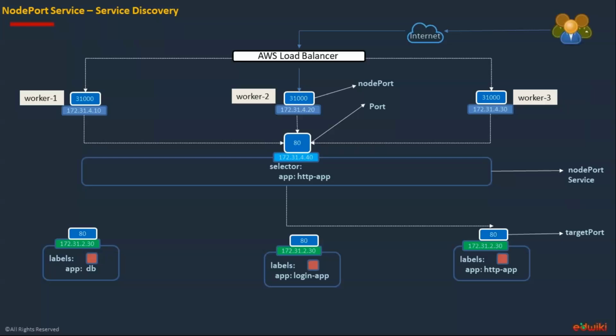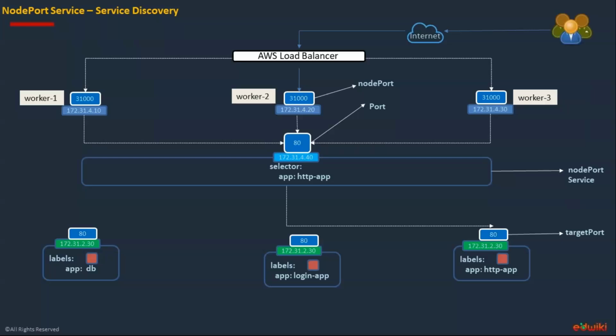I'm not really worrying about the worker nodes at this time. No matter which worker node my pod is running on, it should be accessible. That's how your service takes the responsibility to identify the pod using the label and route the traffic to that pod, no matter which worker node the pod is running on. That's the reason. So far, so good.